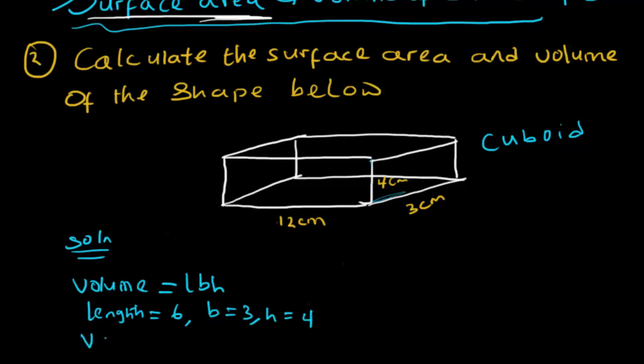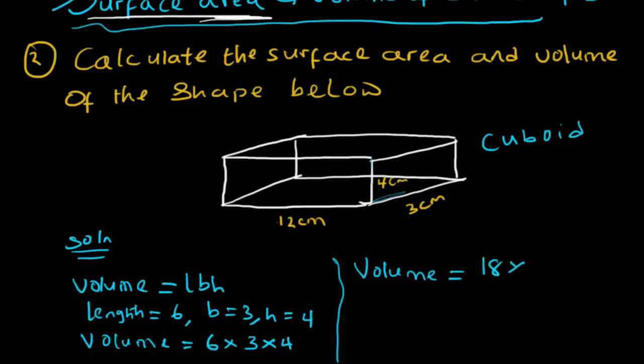So it means that volume equals 6 times 3 times 4. 6 times 3 is 18. So we have 18 times 4. 4 times 8 is 32. 2 carry 3. 4 times 1 is 4 plus 3 is 7. So 72. So this is 72 centimeter cube.